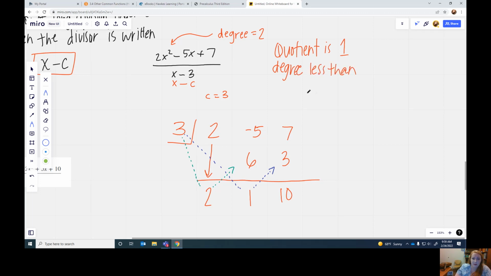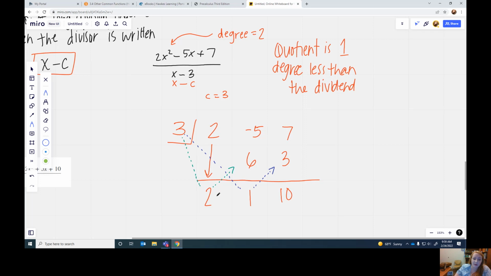So that means our highest exponent this time will be 1 less than the dividend. One less than 2 would be 1. So that means the highest exponent is going to be 1.